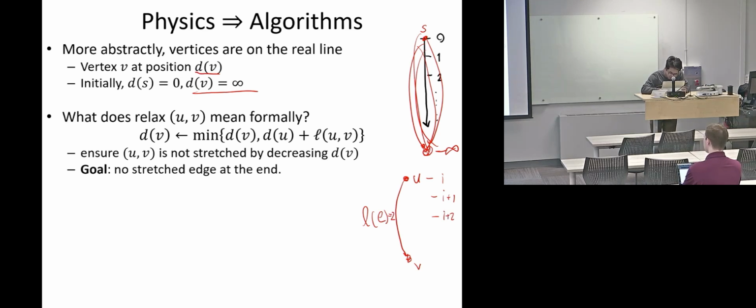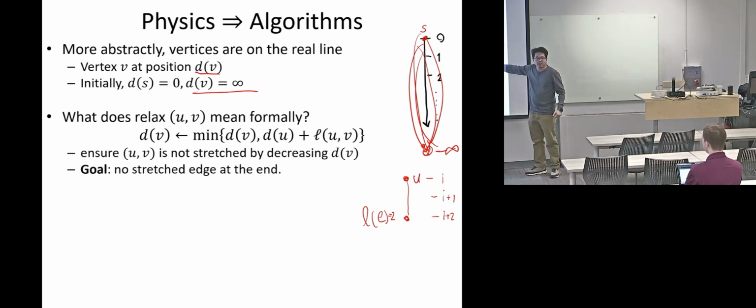We're just going to decrease the position of V to here. And now the edge is not stretched, at least this edge is not stretched. This is what it means to relax an edge.